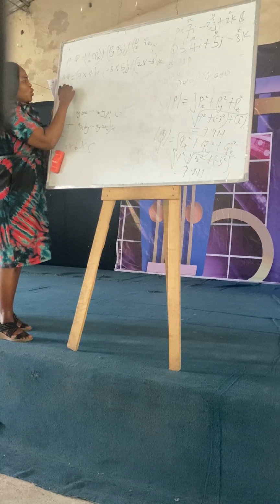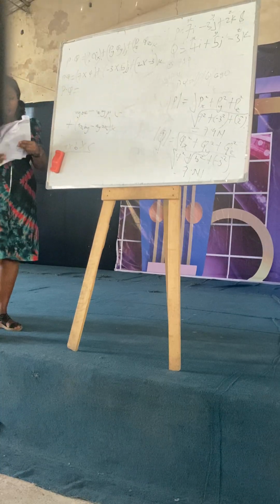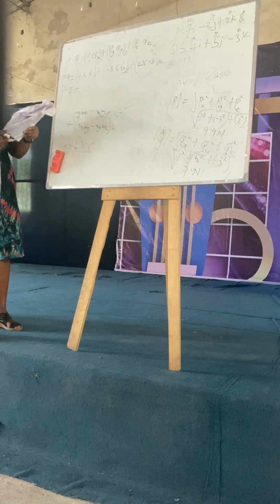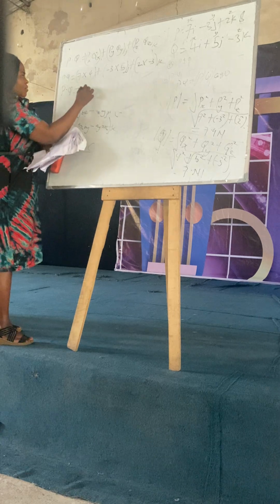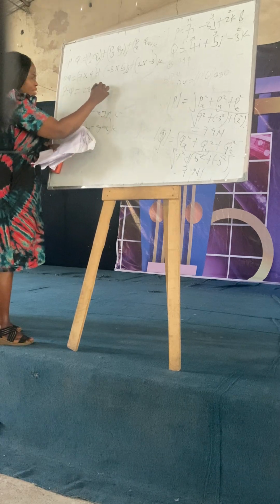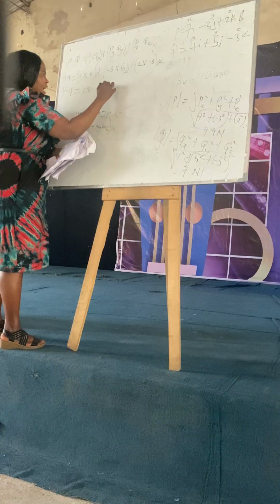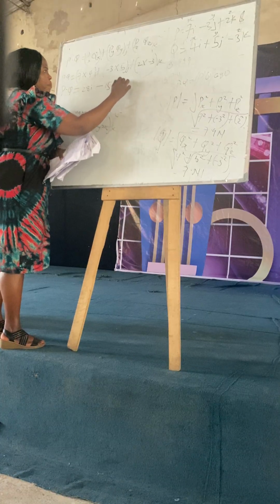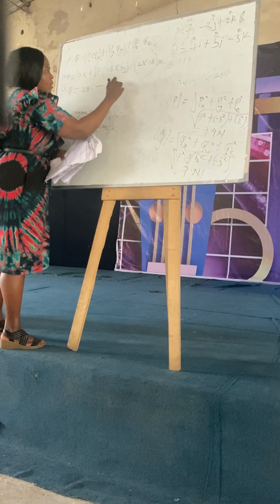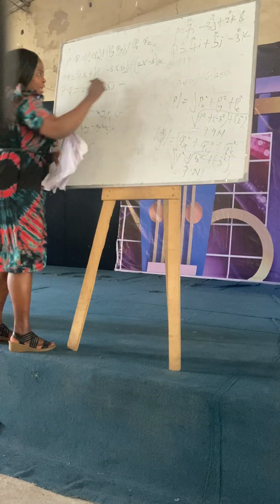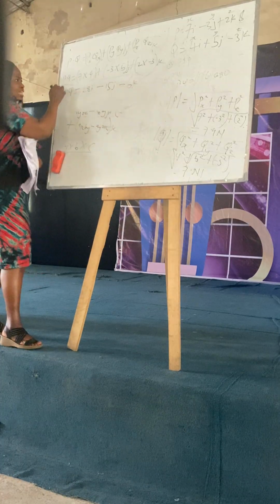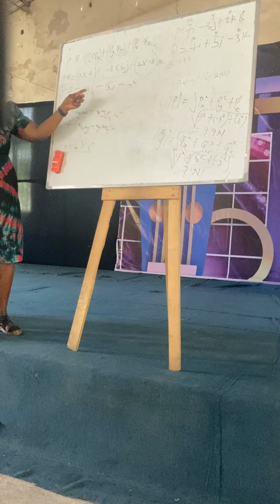After you get P dot Q, this is what you have: 28 minus 15J plus minus 6K. This is how your answer will be. You must leave your answer in IJK.